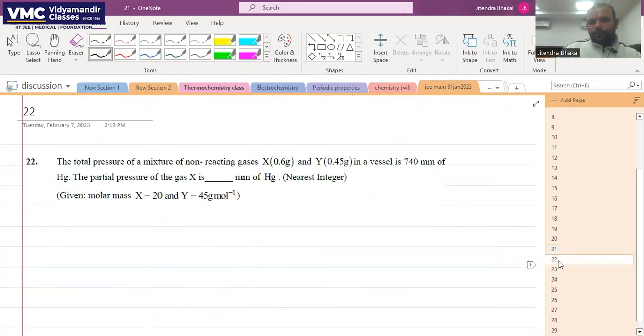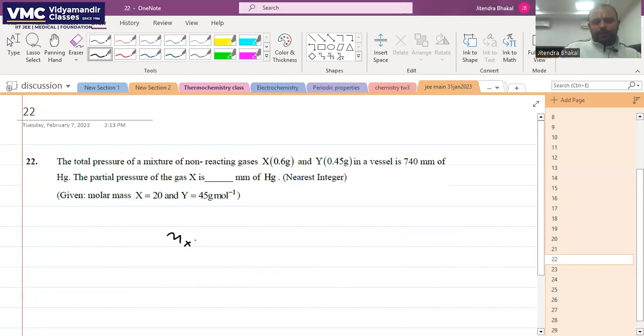Question number 22. The total pressure of a mixture of non-reacting gases. Now, there are two gases, X and Y. The mass of the gases in the vessel is given, and the total pressure is given in mm of Hg. We need to calculate the partial pressure of the X gas. So first we will calculate the moles of these two gases.